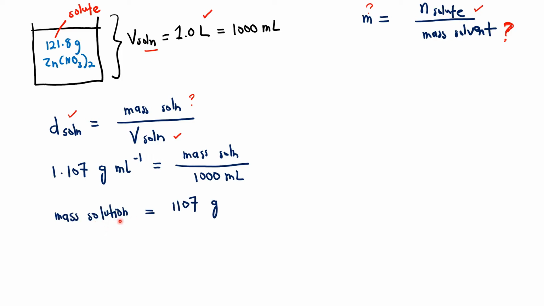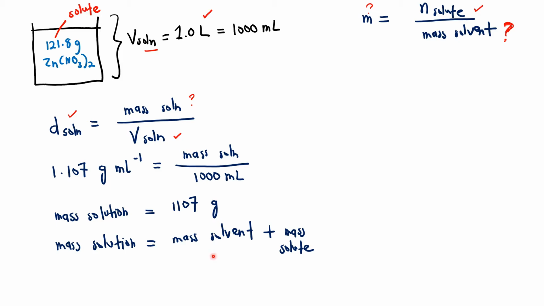From the mass of solution, can we find mass of solvent? The answer is yes. If you still remember, mass of solution equals mass of solvent plus mass of solute. So in this question now, we already have mass of solution and mass of solute.